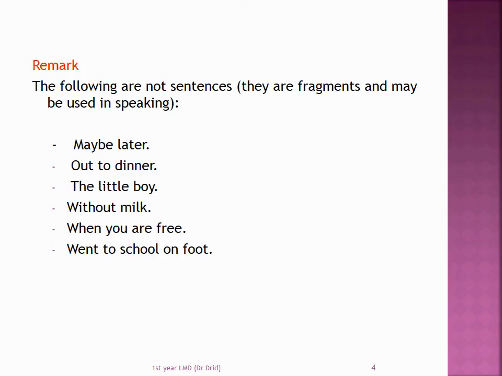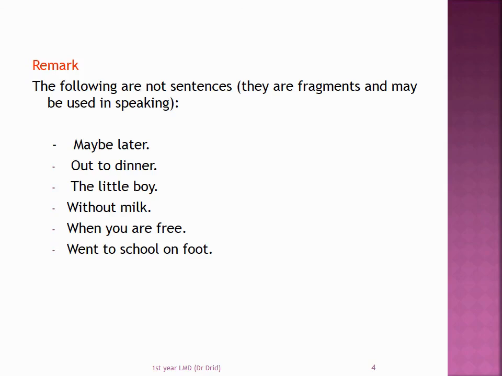The same point here. When you are free, we notice you are subject and predicate, but the whole group of words does not express a complete thought. When we read it, when you are free, we understand that something is missing. The idea is not complete.